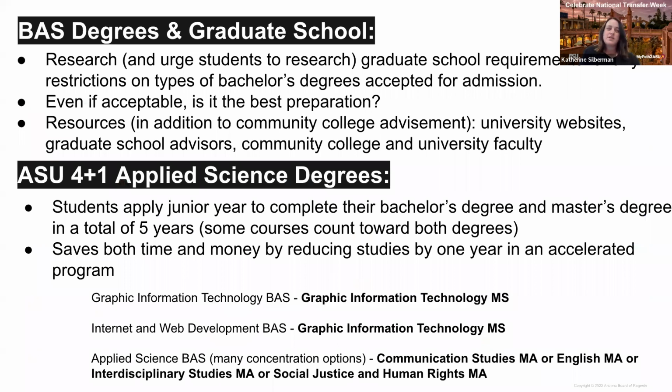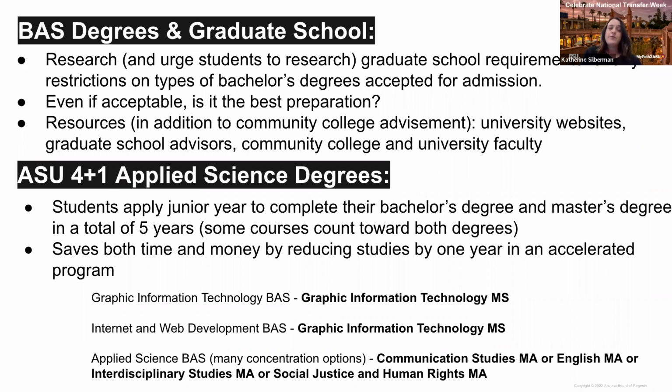One of the common questions with BAS degrees is, okay, I see that I can transfer well and a lot of the credit will apply, but what about graduate school? Am I going to be able to get into graduate school? Well, this isn't a wonderful answer, but it's the truth. It just depends.